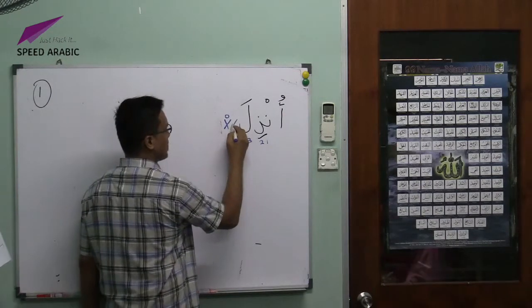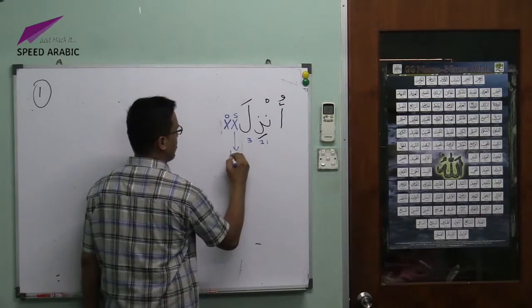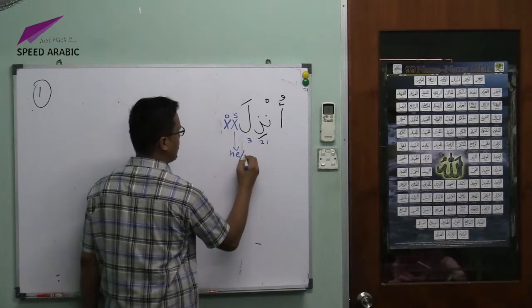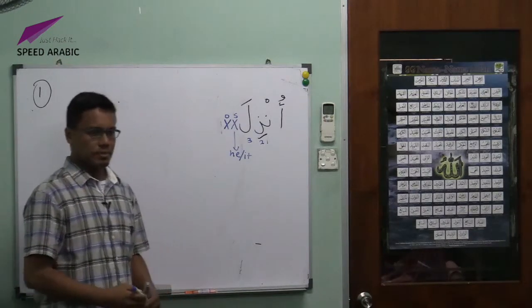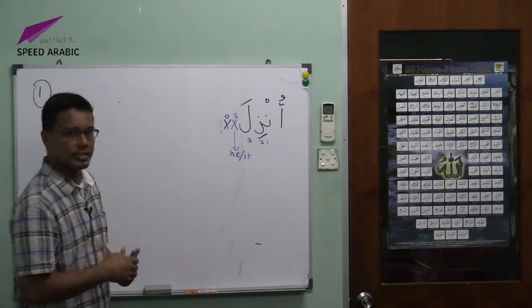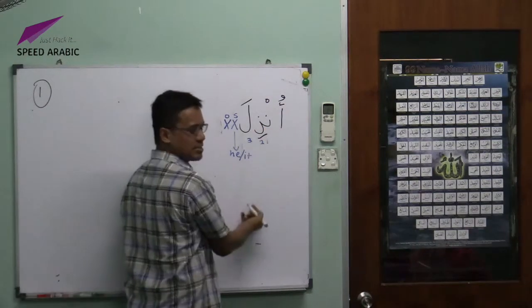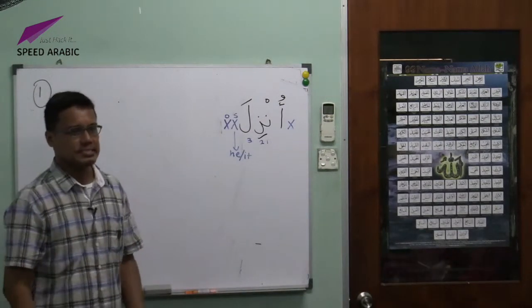X, right? So when there's X, it means he or it. Is there a particle? No, right? There's no U as a particle, so there's no particle. And we are done with step 1.